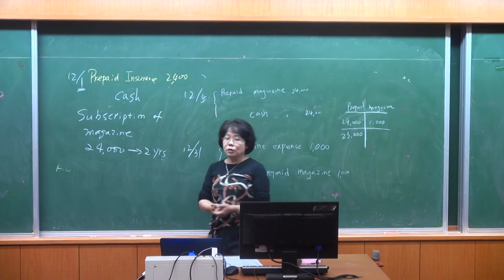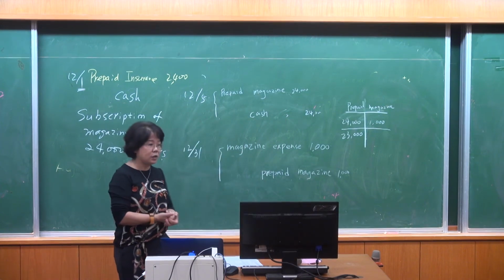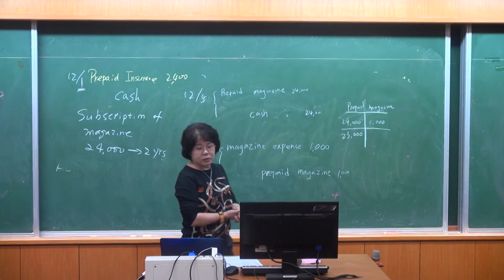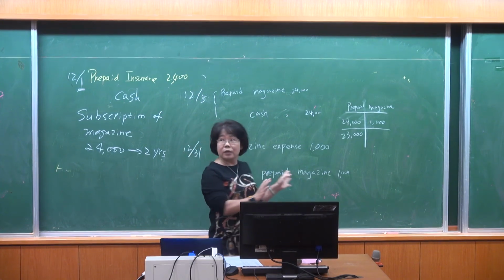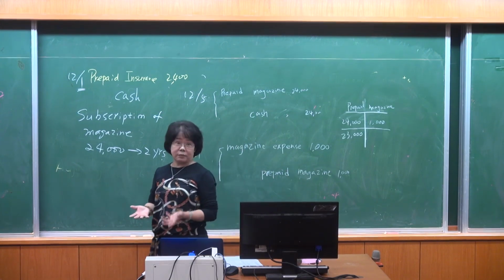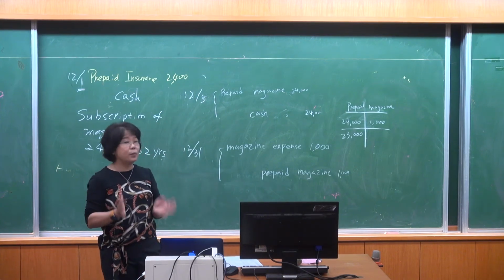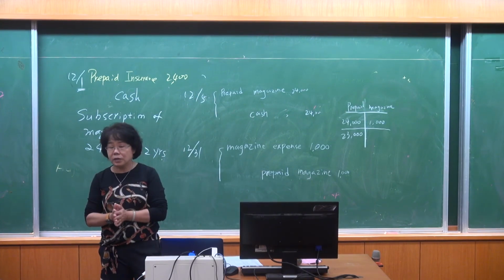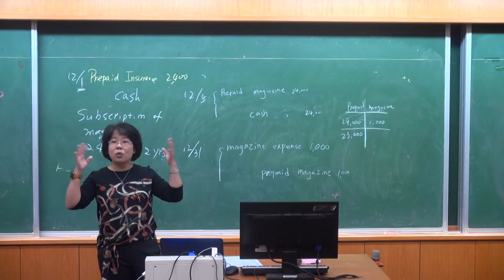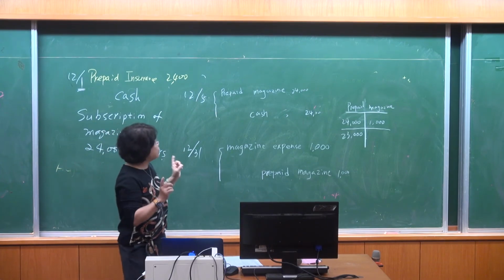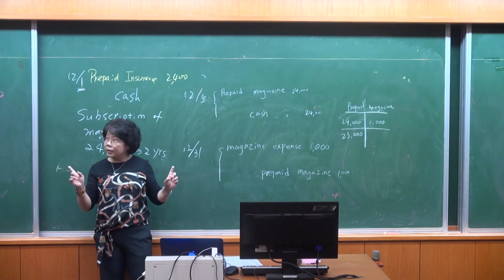Divided by 1,000, you still have 23 magazines to receive. So this is adjusting. Everyone, get more of the concept of the purpose of adjusting. If you don't do the adjusting, you will mess up the whole financial statement.